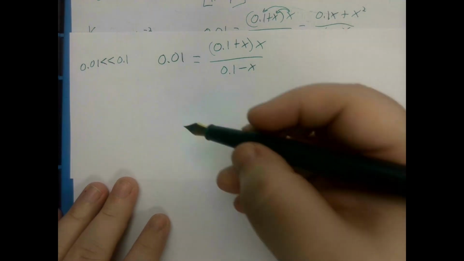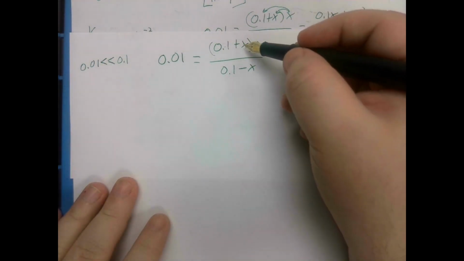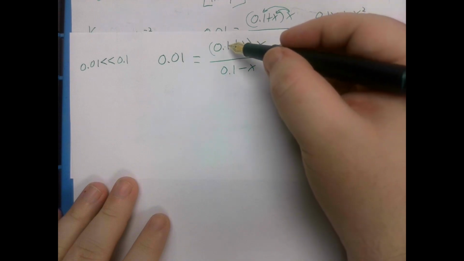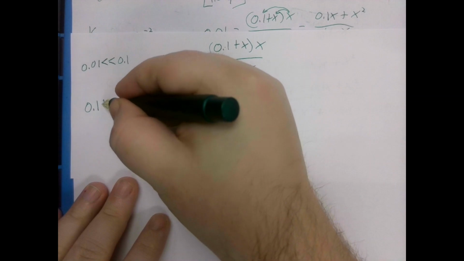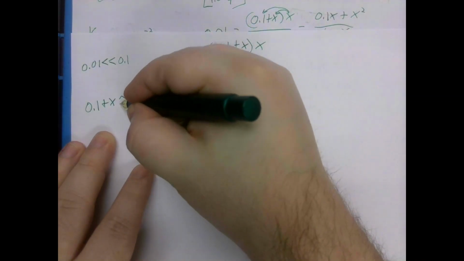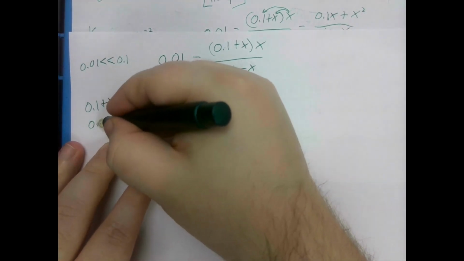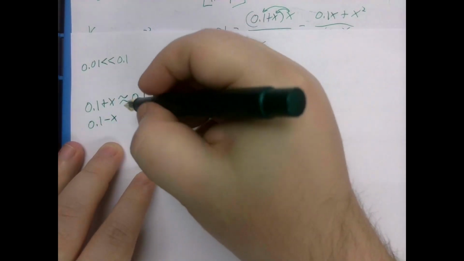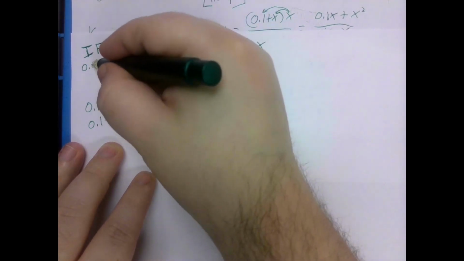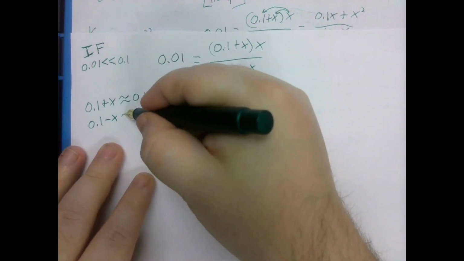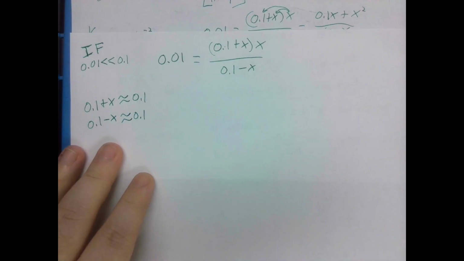So since x must be so much smaller than 0.1, that means that 0.1 plus x is approximately equal to 0.1, and 0.1 minus x is also approximately 0.1.